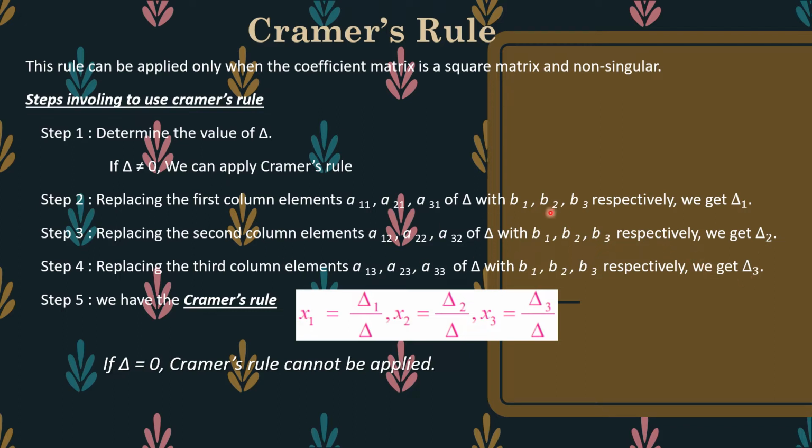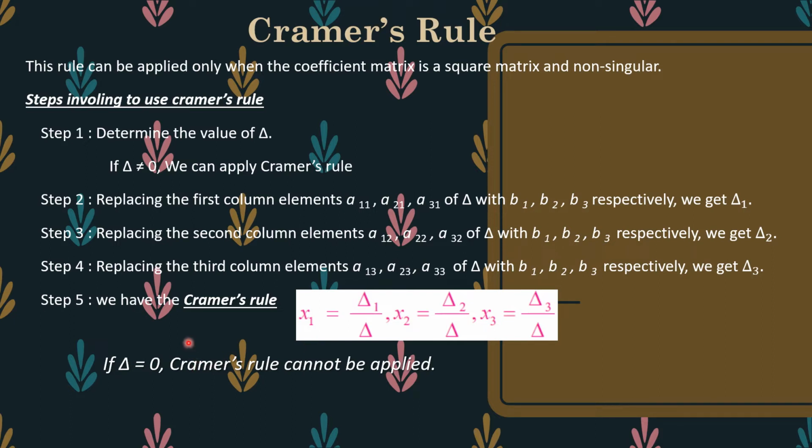After finding these three values, we can apply Cramer's rule in the fifth step. The Cramer's rule formula is x1 equal to delta 1 by delta, x2 equal to delta 2 by delta, x3 equal to delta 3 by delta. Here x1, x2, x3 are unknown values. It may be a, b, c or x, y, z like that.